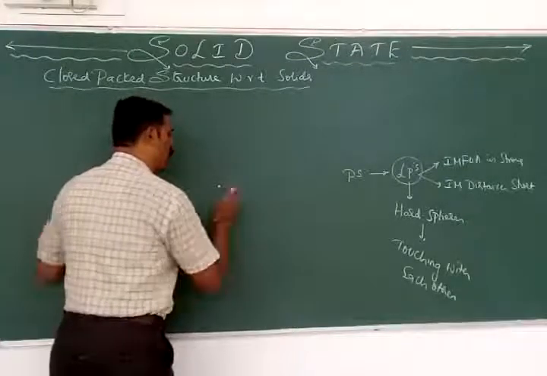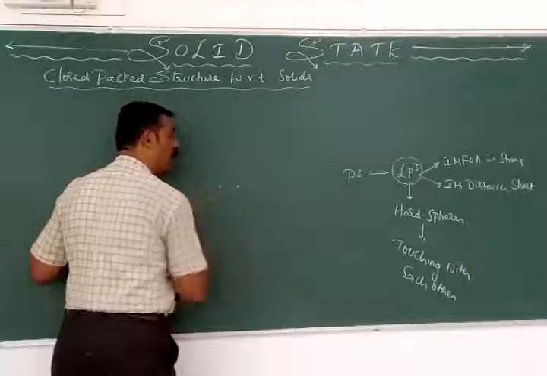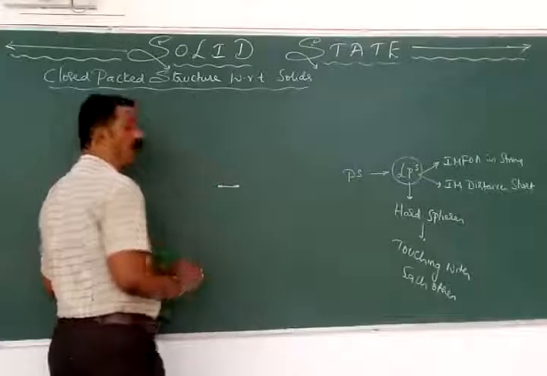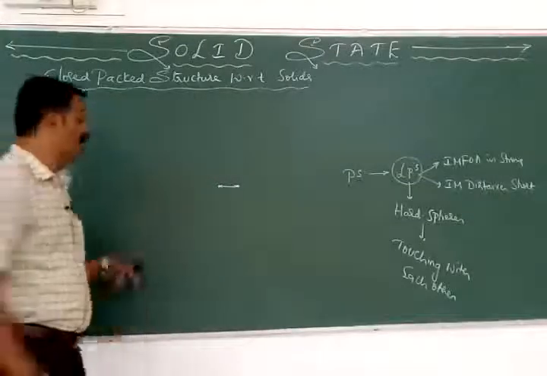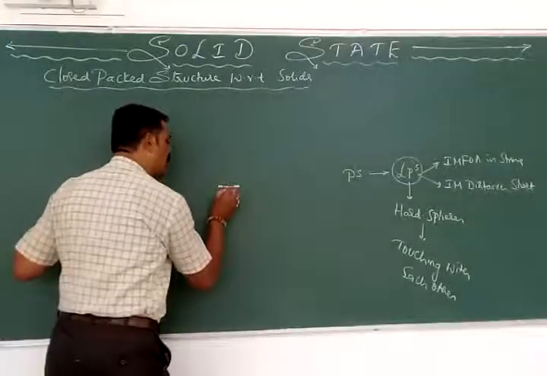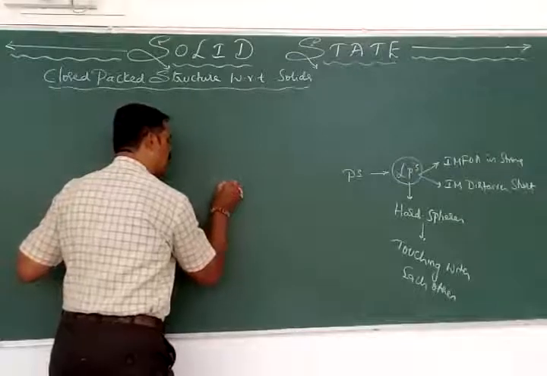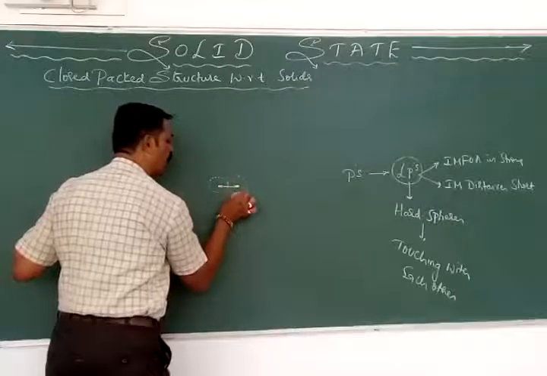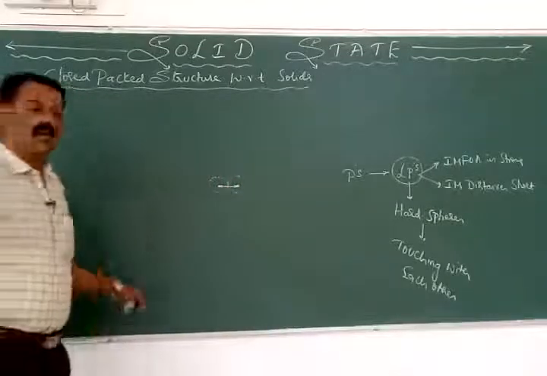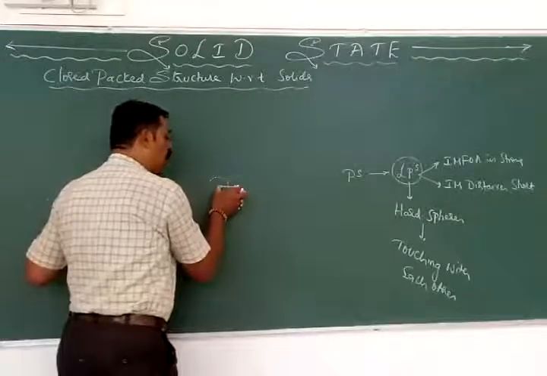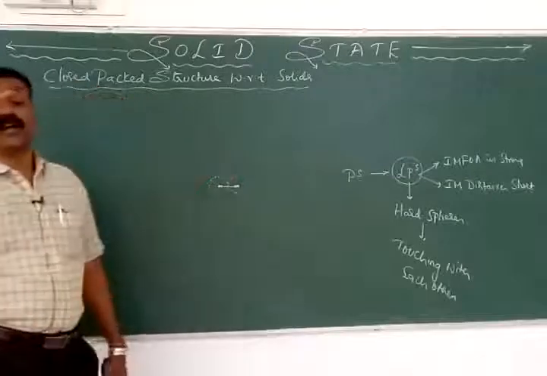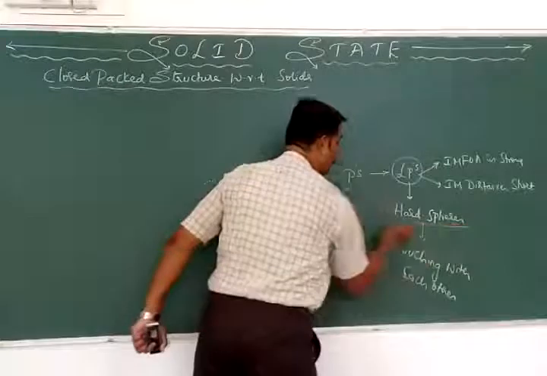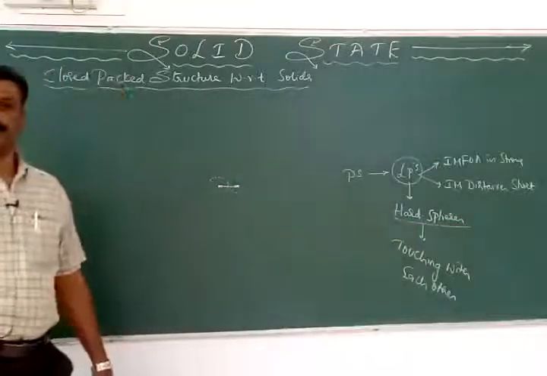These are the two particles here. This is the intermolecular distance between the two particles. Here this particle is assumed to be a sphere, and this is also assumed to be a sphere like this. The individual lattice points are indirectly the particles in the solid. They are considered to be what spheres first? They are the hard spheres.